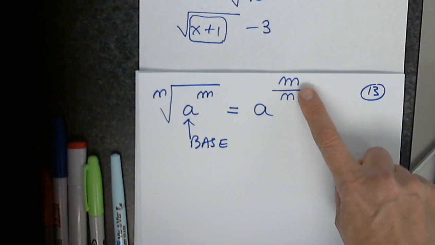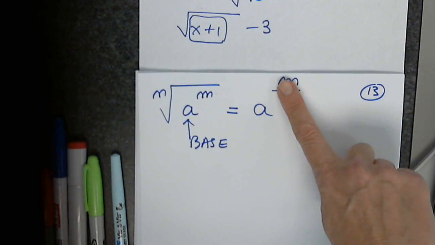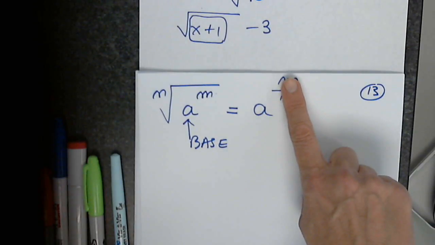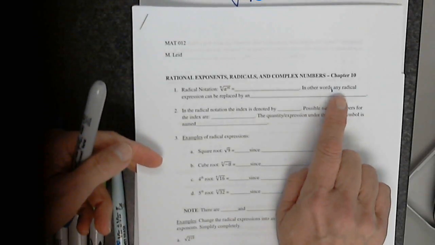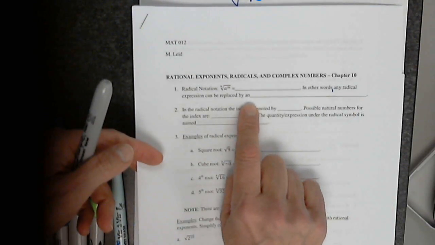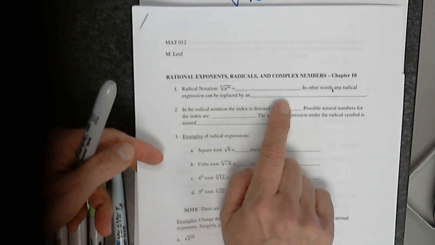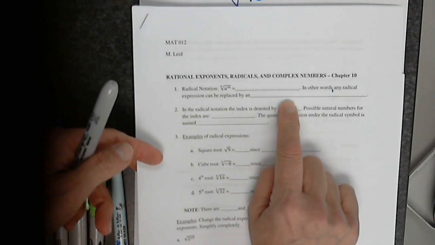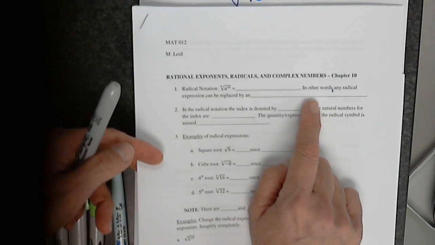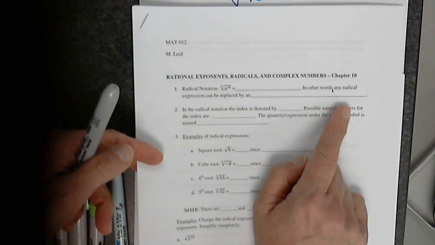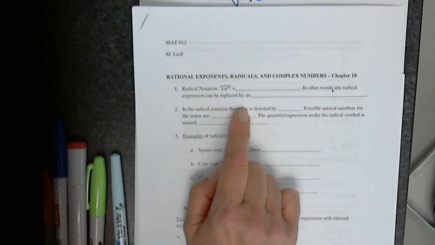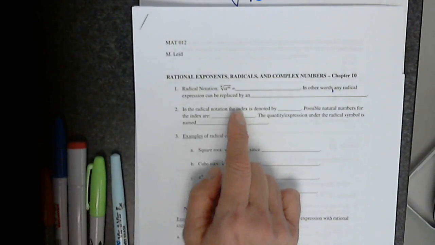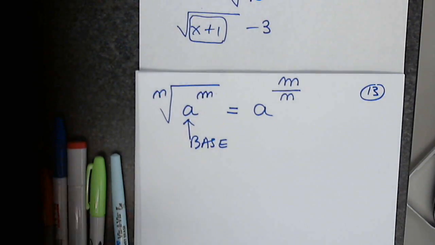With a fractional. What is this? If this is the base, what is this? Exponent. So please fill it in. In other words, any radical expression can be replaced by an exponential expression with a fractional exponent. One more time. In other words, any radical expression can be replaced by an exponential expression with a rational exponent.